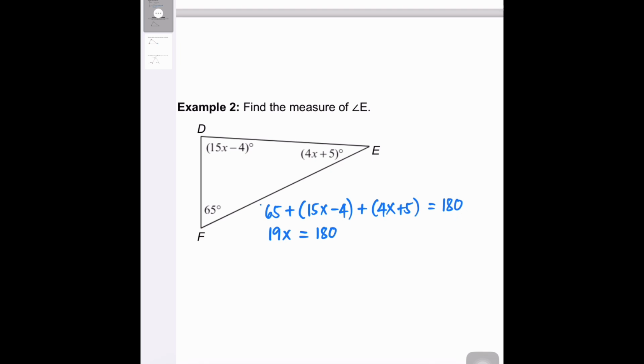So positive 65, if we move to the right-hand side, is going to become negative 65. Minus 4, if we move to the right-hand side, is going to become positive 4. Another constant term is positive 5. If you move positive 5 to the right-hand side of the equation, it's going to become negative 5.